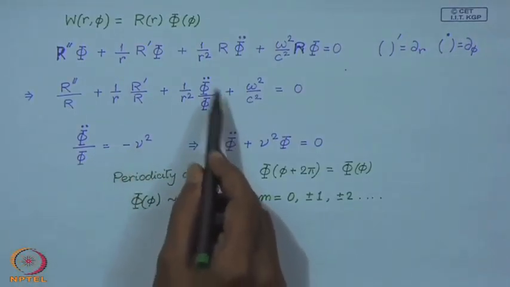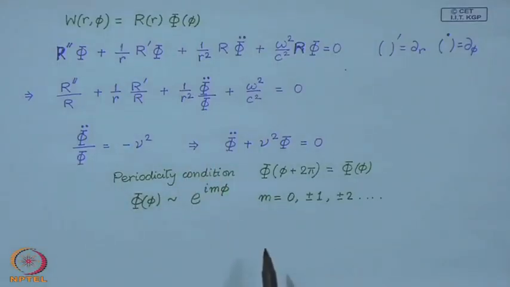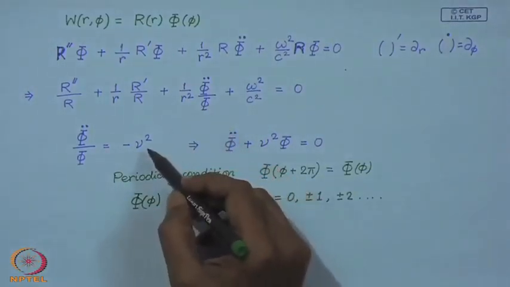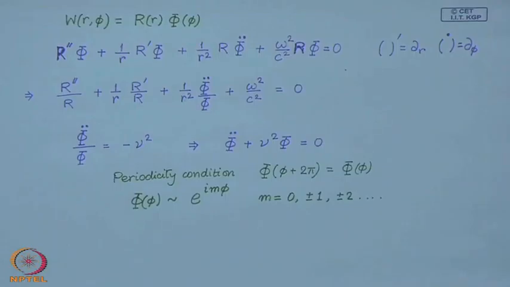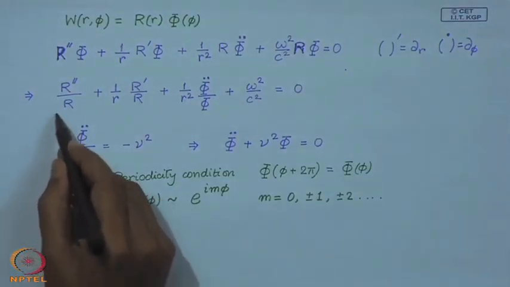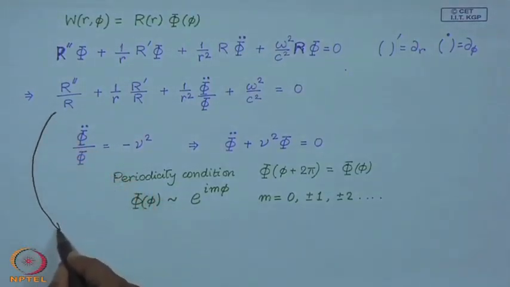Now, if you have this as minus m square, this equation can be written as follows.